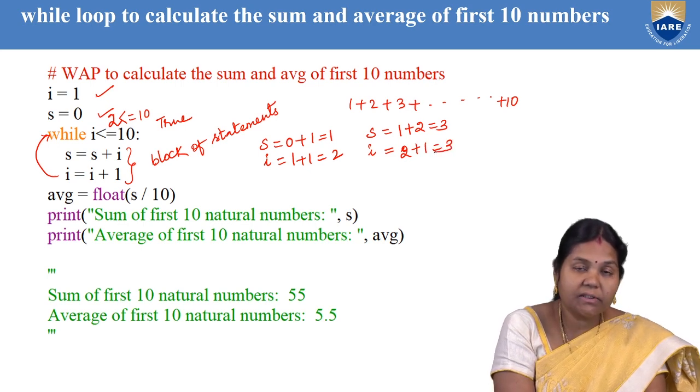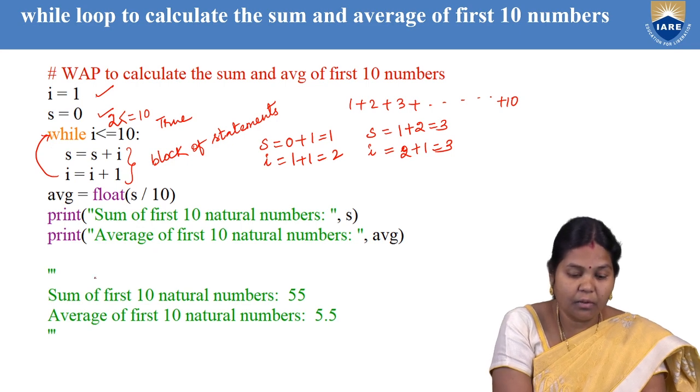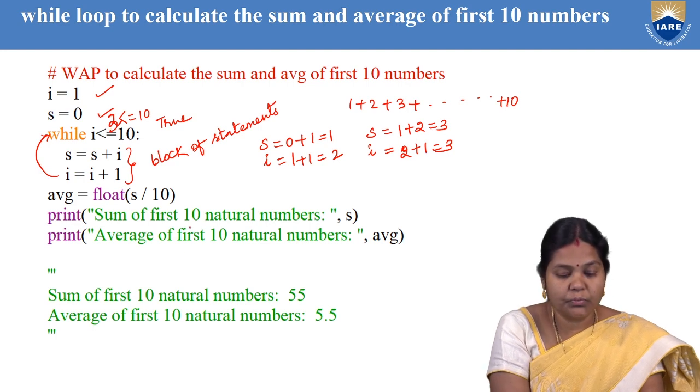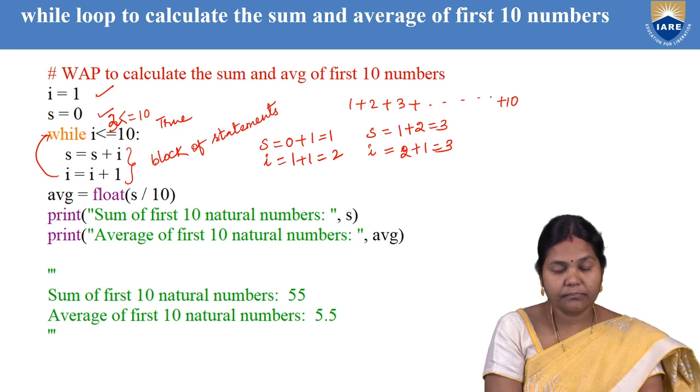After executing these two statements, again it goes back to the while loop. Now the value of i is 3. Is 3 less than or equal to 10? Yes, so again the condition is true and the statements are executed. By repeating these statements 10 times, every time the sum is recomputed and i is updated.